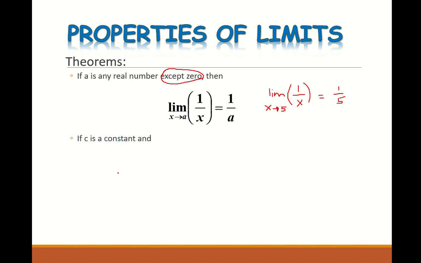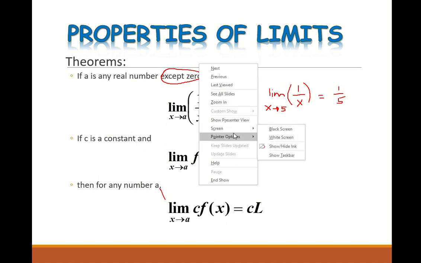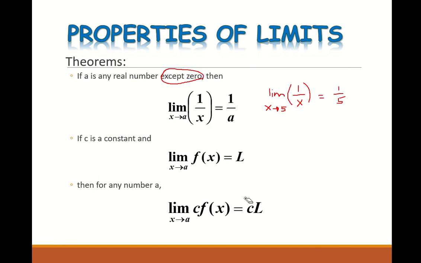Okay. Next, if c is a constant and the limit of f of x as x approaches a is equal to L, then for any number a, we have the limit of the constant multiplied by f of x as x approaches a equal to c times L. So we know that the limit of the constant times the function is equal to the constant multiplied by L, the limit.